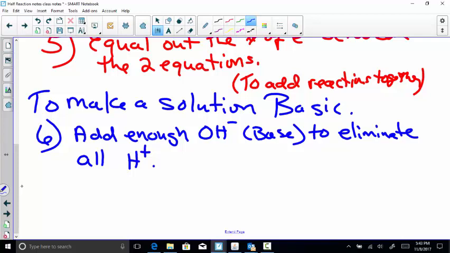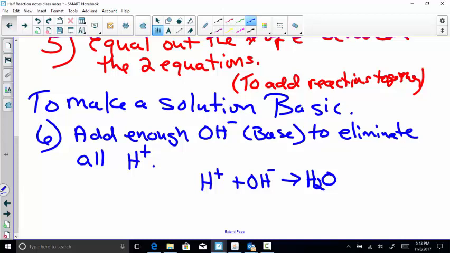And if you think about this, if you have a hydrogen ion and I add a base to it, that's going to eliminate it by producing water. So that's how you make a solution basic, is you add hydroxide to eliminate all the hydrogen.